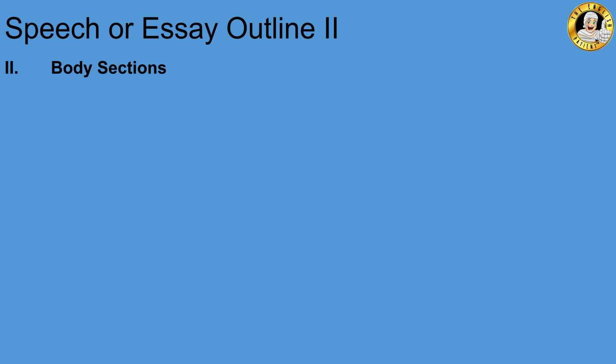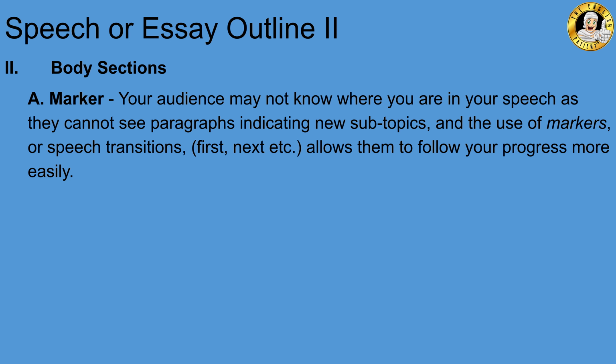Now, for the body sections of your speech, there will be several, and you want to start with a marker. Now, this might be slightly different from an essay. It is not essential to have a marker in an essay because you should be using paragraphing. And with the paragraphs, the reader will be able to tell when you are moving on to the next part of your essay, when you're moving on to the next body section or from the introduction to the body section.